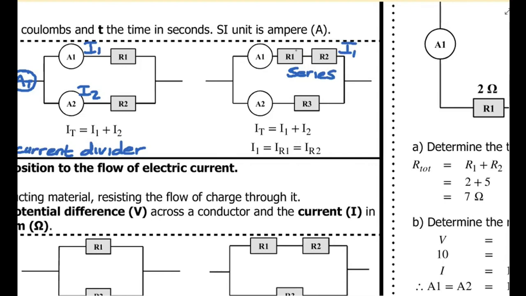If I look at the current that's flowing through R3, which is I2, that then only flows through R3. And then again, my total current in my circuit is going to be made up of A1 plus A2. So R1 and R2 are in series, but they are in parallel with R3.